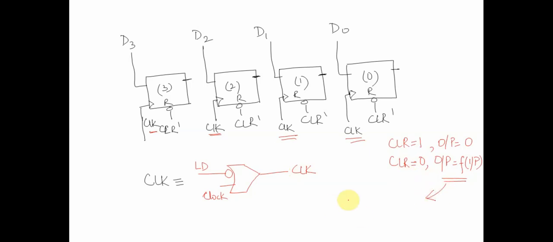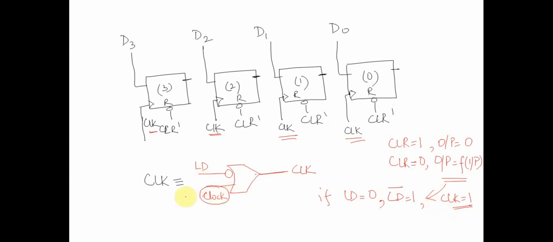Let's assume load is equal to 0. If load is equal to 0, load bar becomes 1. If load bar becomes 1, the output of this particular gate is 1. So in this particular case, the clock signal will remain 1, irrespective of what the original clock value is.